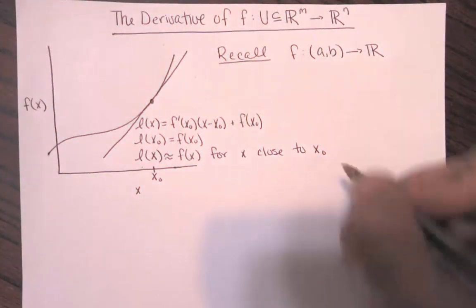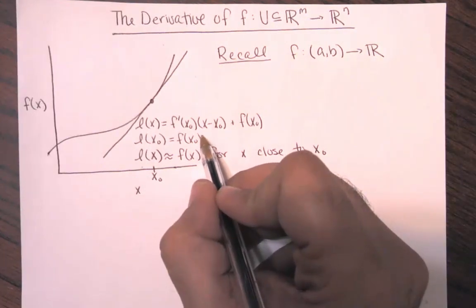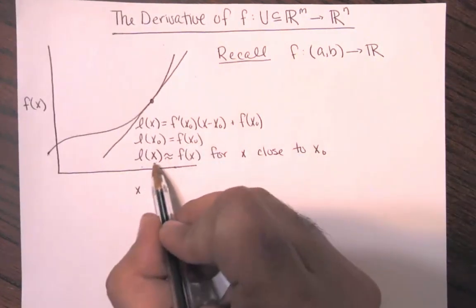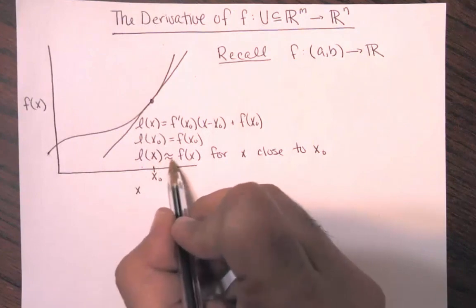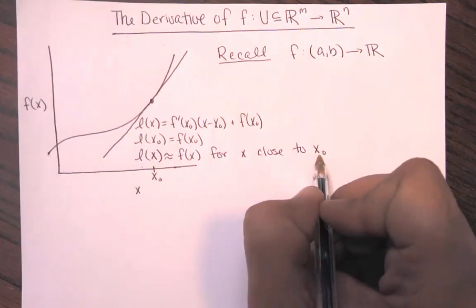Okay, so this is an important feature. Of course, they intersect, but the fact that they have the same rate of change means that L of x and f of x are approximately the same if x is close enough to x naught.